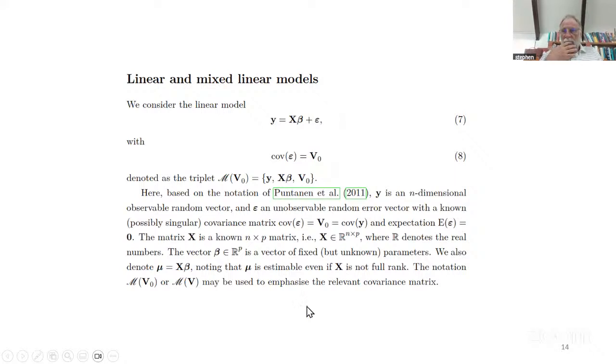A lot of usual notation. V0 is the covariance of Y. We've got expectation 0. X is a design matrix. Beta is the vector of fixed but unknown parameters. And sometimes we might use mu equal to X beta, noting that mu is estimable even if X is not full rank. And we're going to use this MV0 or MV to emphasize the relevant covariance matrix in this model, which is MV0, which is made up of the Y and the X beta and the V0. So all of that's pretty standard.